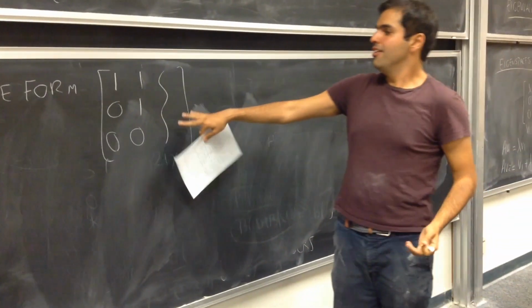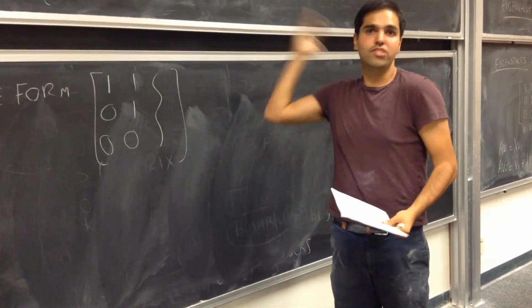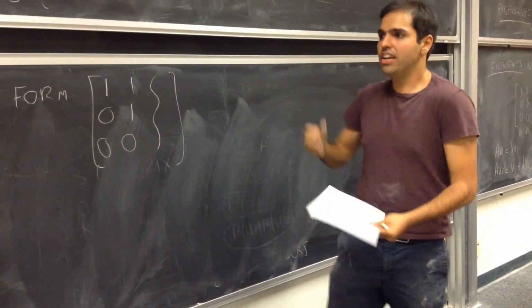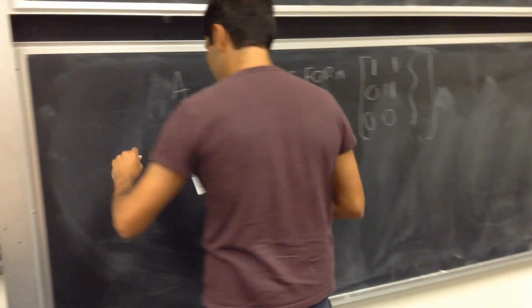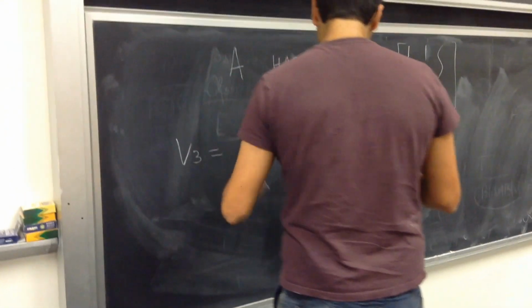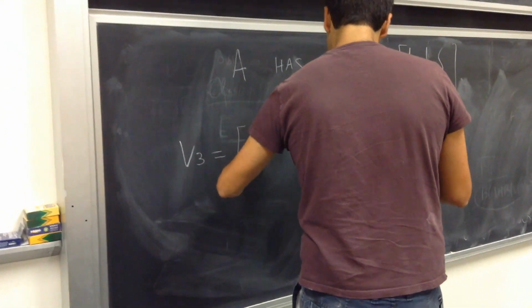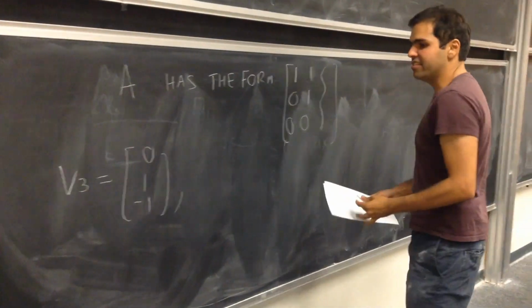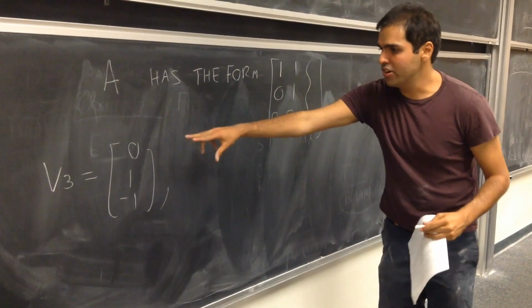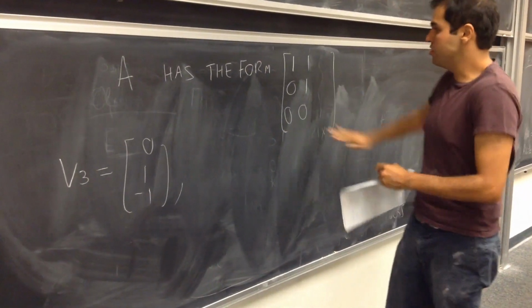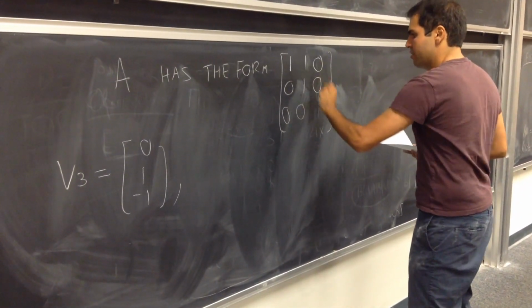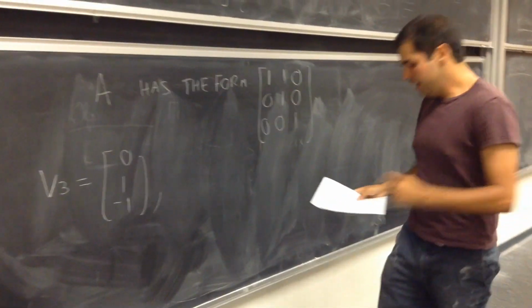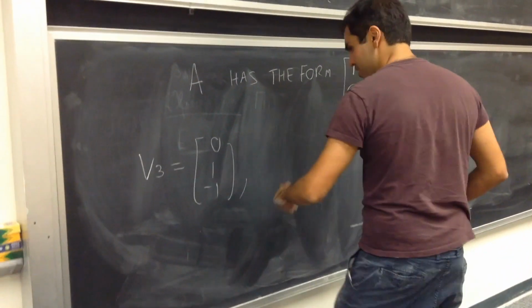But look, for the rest, we can just use the other eigenvector. So let v3 be the other eigenvector, 0, 1, minus 1. And then what this really tells us is that the last term can be put in just diagonal form, 0, 0, 1.